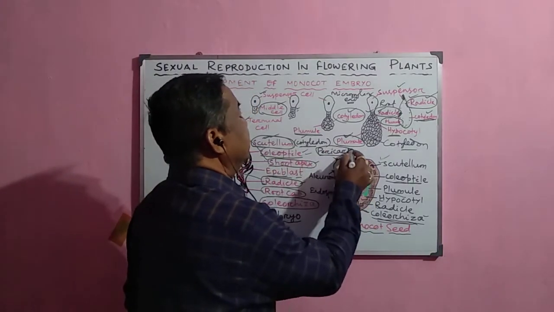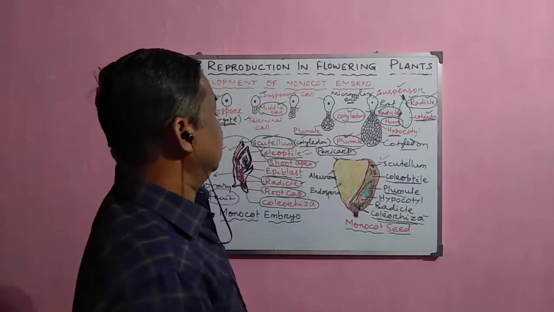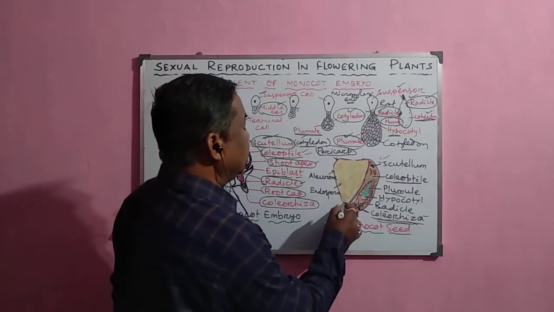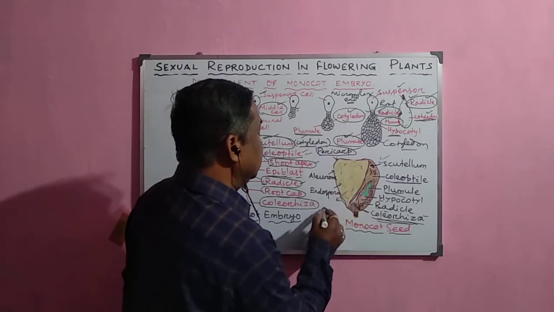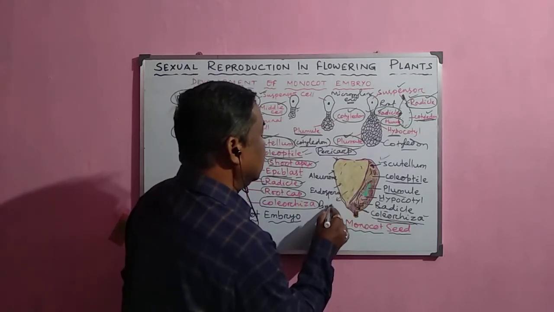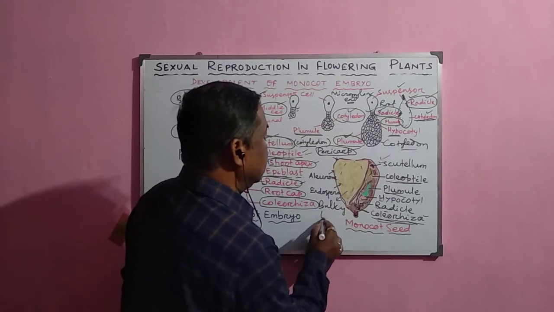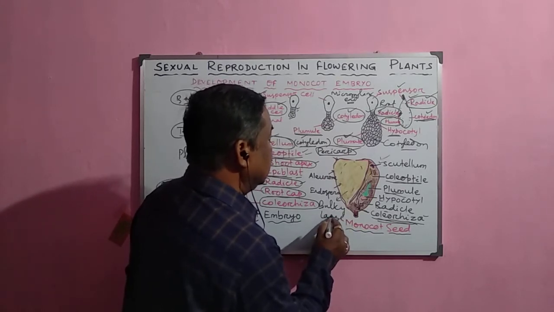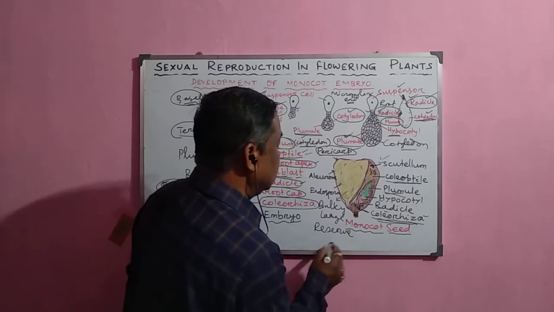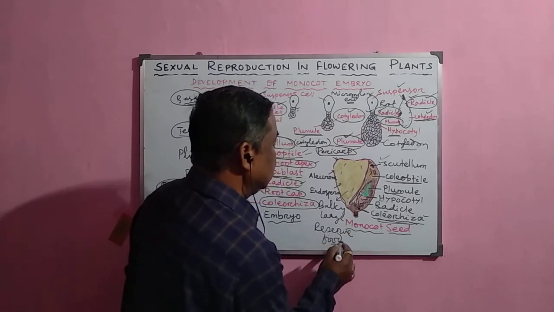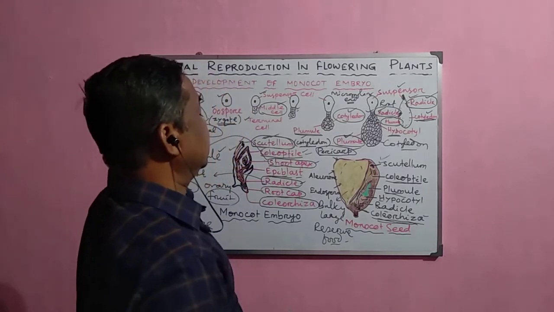It is a membranous outer covering, and the reserve food material is there in the endosperm. This endosperm is bulky and large in size, as it contains the reserve food for the developing embryo.